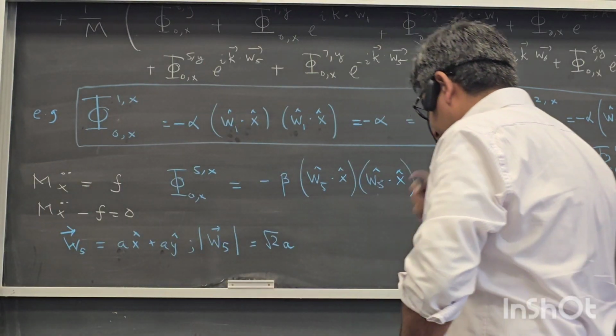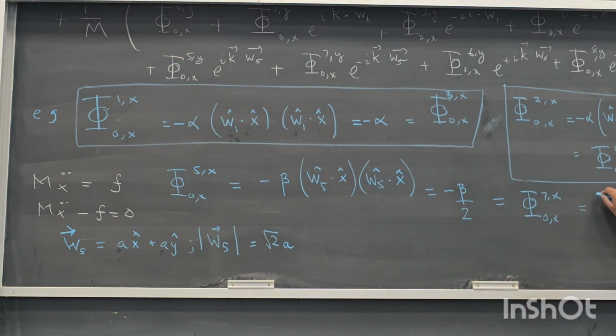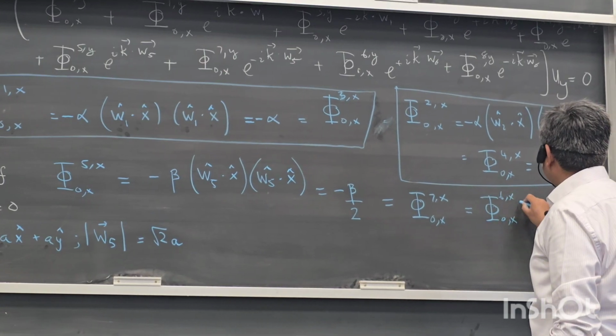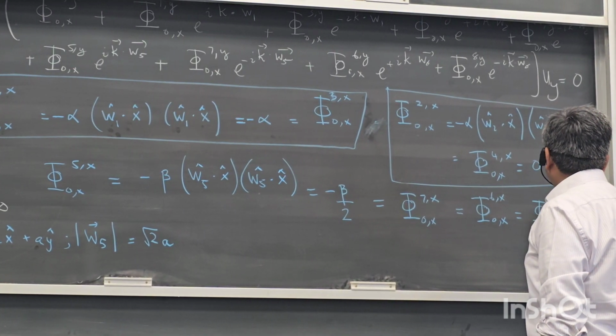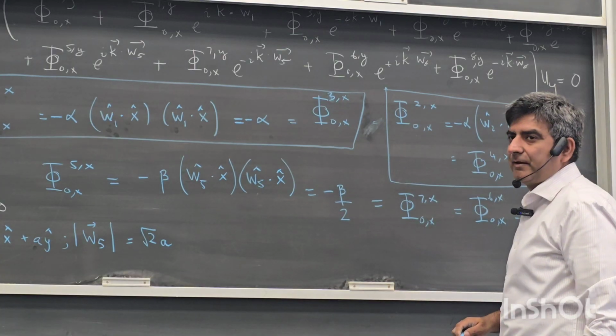In fact, if I were to calculate this for any 0x, 6x, 0x, 8x, it's going to be minus beta over 2.